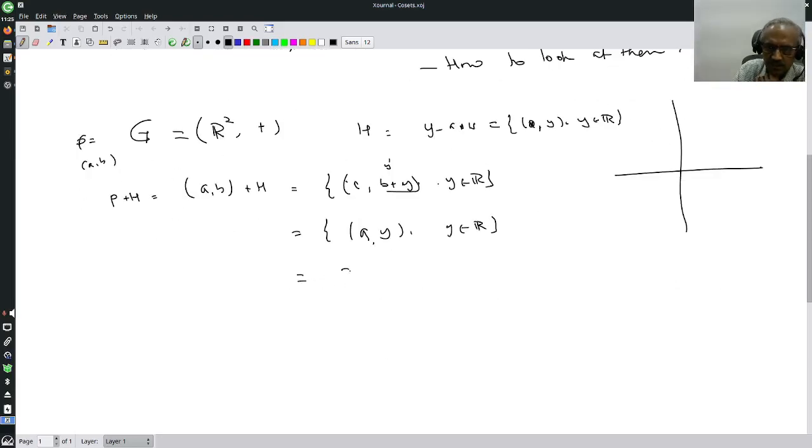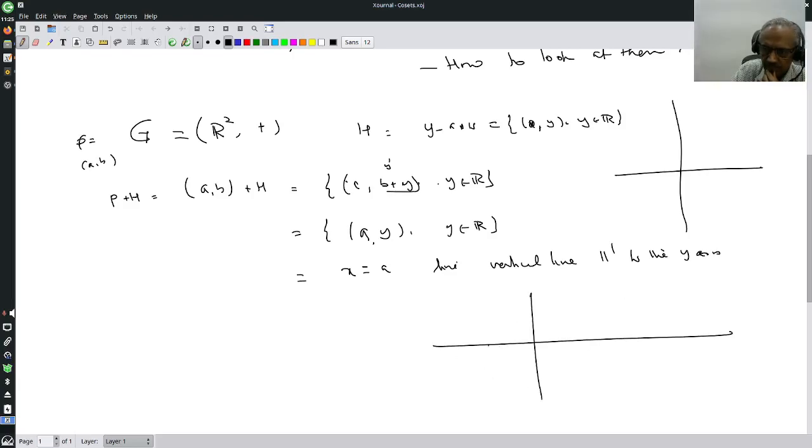This is the set x equal to a, a vertical line parallel to the y-axis. So this is my point P.